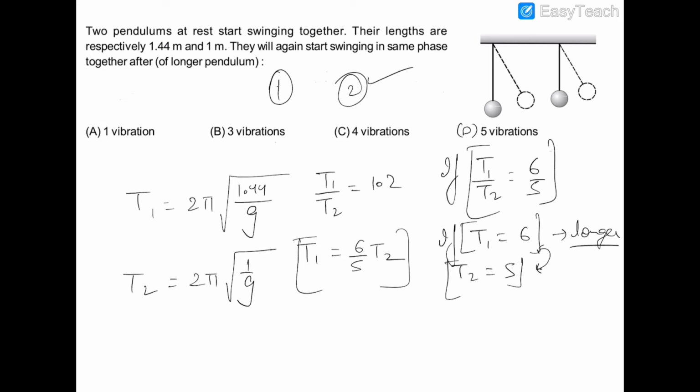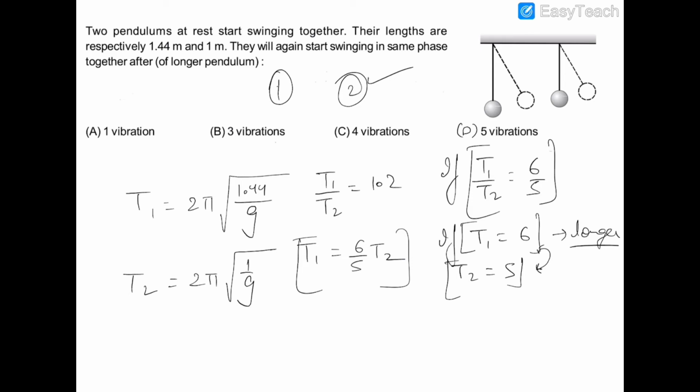We are finding the common minimum time, because in 2 seconds this pendulum would complete one oscillation, and in 2 seconds this pendulum would complete 2 oscillations. So they will again be swinging in the same phase. So in these kinds of questions we have to find the LCM.